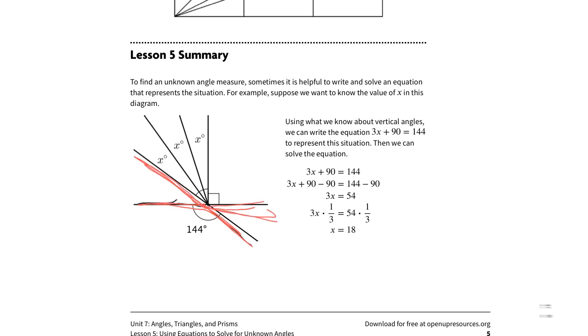So 3x's plus 90 degrees equals 144. We minus 90, divide by 3, x equals 18. Okay, so we're just trying to figure out what we know from the situation and trying to figure out what the missing variable is.